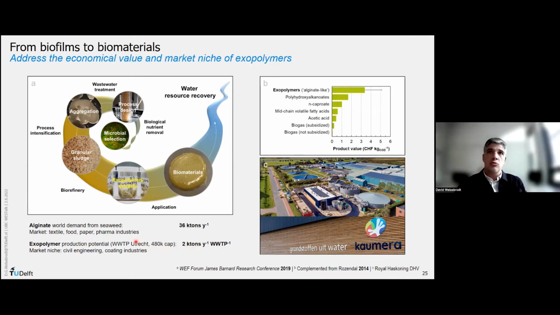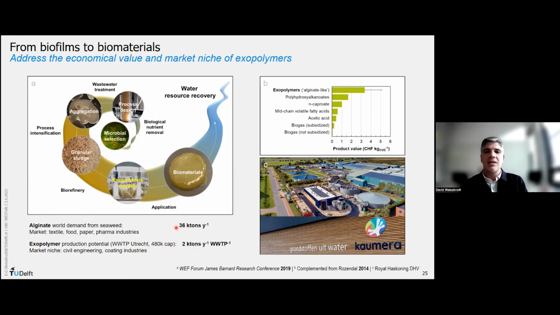In the Netherlands, there are 200 or 300 wastewater treatment plants, so you can rapidly make the calculation: 2 times 300 is 600 kilotons per year. So you can definitely meet the world demand for alginate.